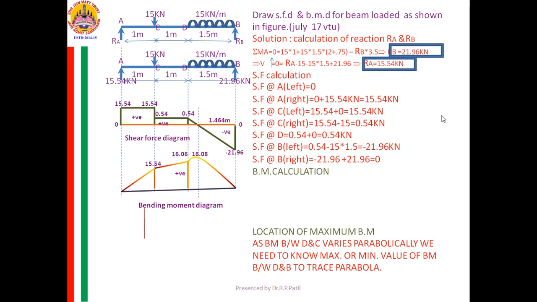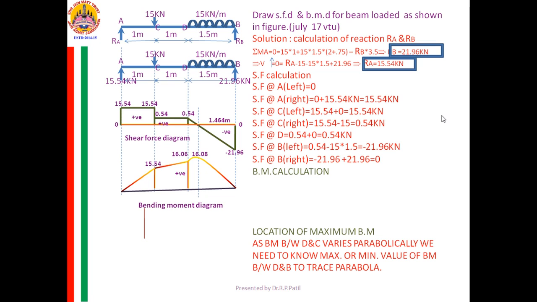Bending moment you are calculating at A, at C, at D, at B. Why are you not calculating left and right? At couple only the bending moment suddenly jumps. Therefore, at couple I need to calculate it at left and right. Otherwise, there is no necessity to calculate the BM at left and right.